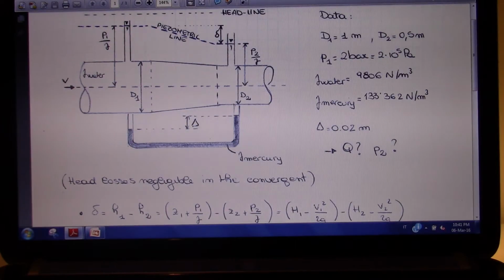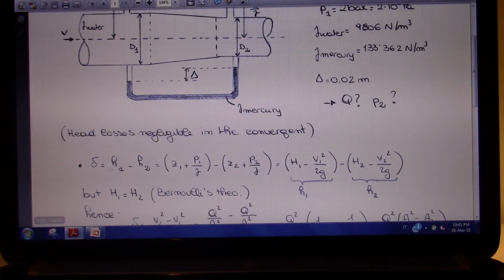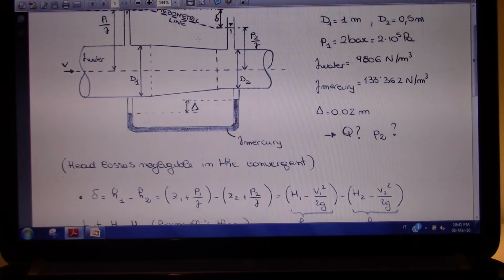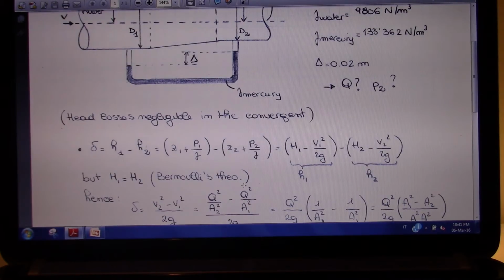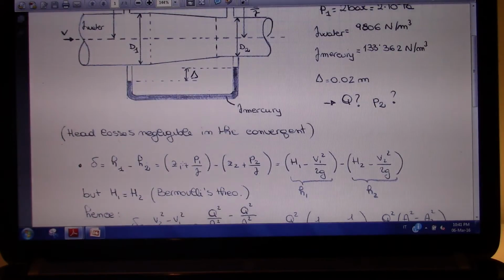Then, if H1 minus H2 is exactly equal to delta, but H1 is Z1 plus P1 over gamma, and H2 is Z2 plus P2 over gamma, then also we can say that, as we said before, Z1 plus P1 over gamma is also equal to H1 minus V1 to the power of 2 over 2g, which is exactly our hydraulic head.